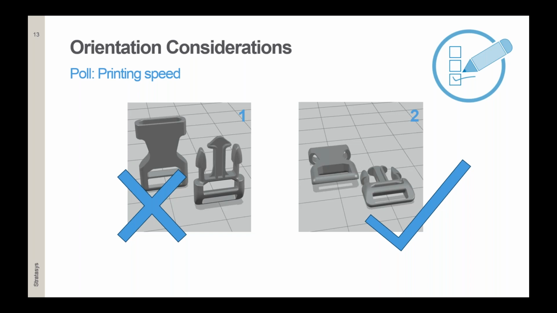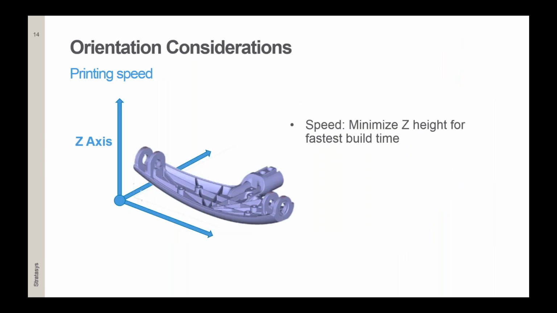But why is that? Because the printer head is moving faster parallel to the X and Y axis than the build platform, waiting for each layer to be finished and moved one step down in Z direction, we will most likely have faster print time while orientating the model to keep the Z height minimal.